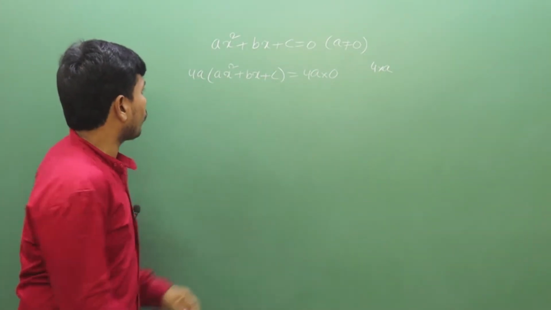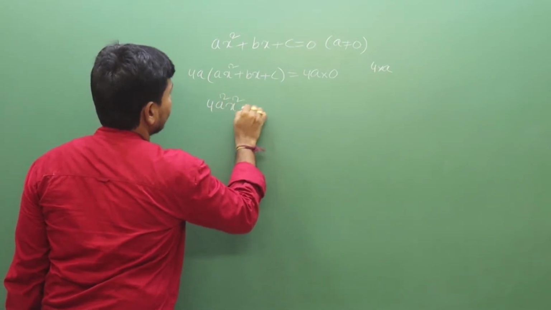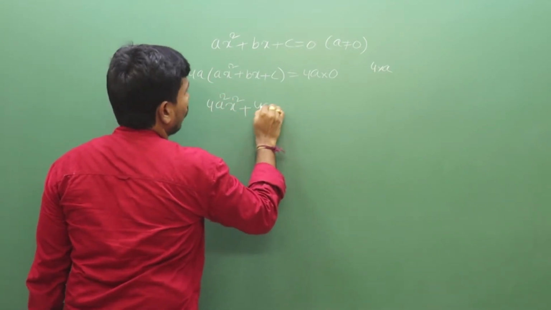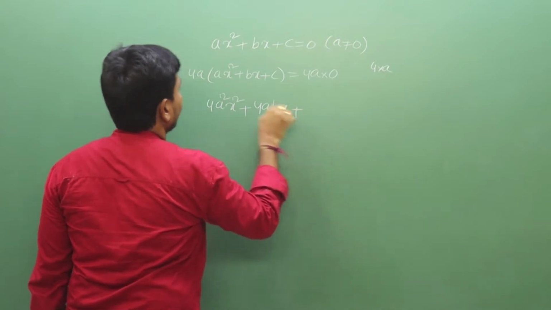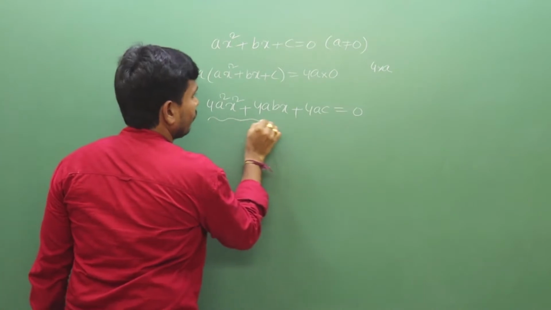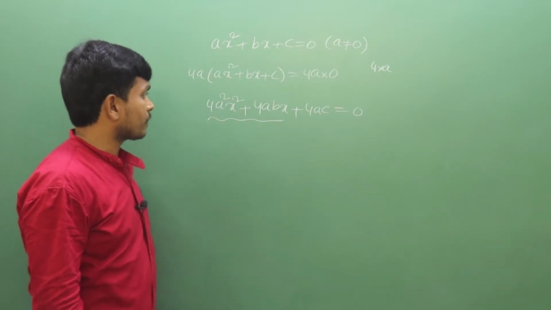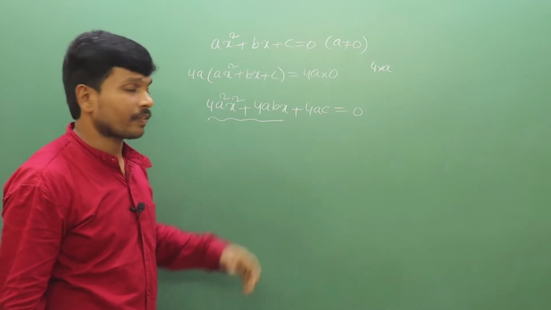Now multiply with 4a: 4a into a, 4a square x square, plus 4a into bx, 4abx, plus 4a into c, 4ac, equal to 0. Again we have to change it using the completing the square method, into whole square form.